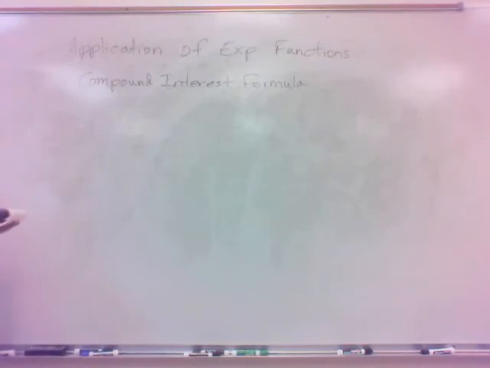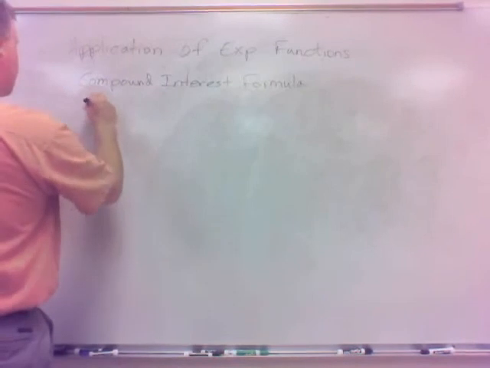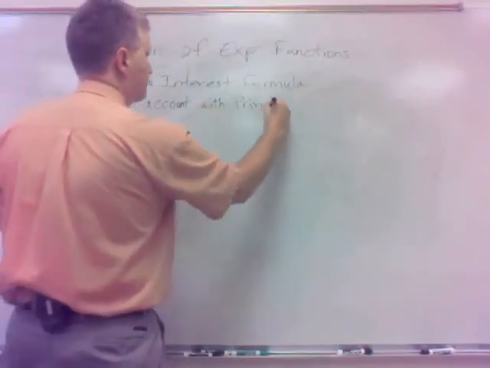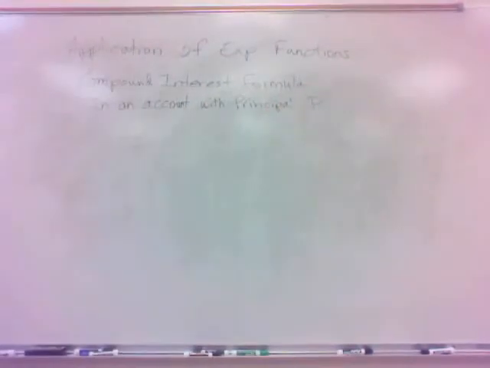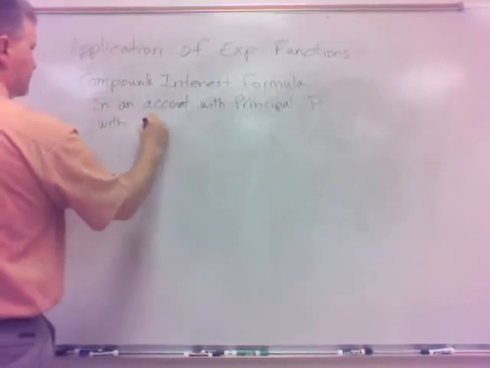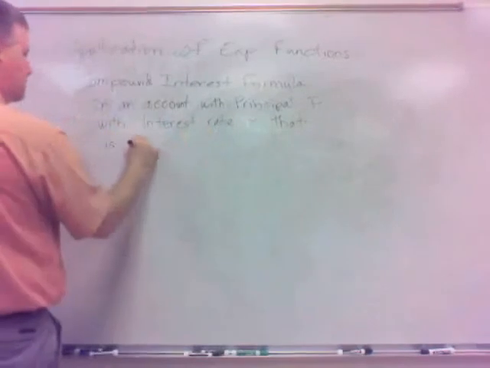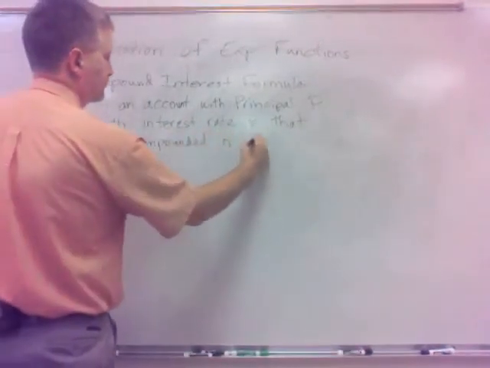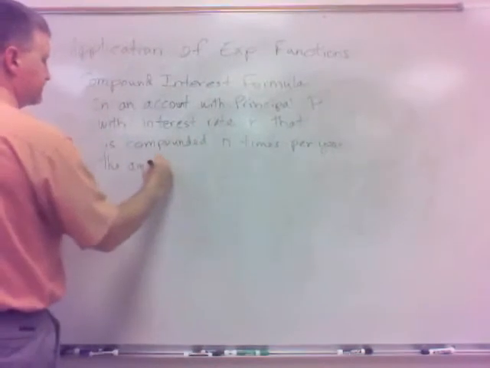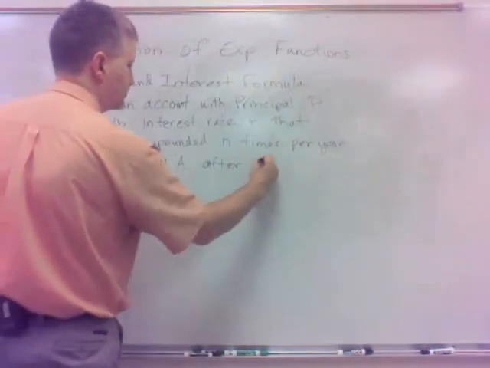So anyway, here's what the formula works out to be. If, in an account with principal P, that's just the amount you start with, with interest rate R that is compounded n times per year, the amount in the account after T years, the amount A is what we'll call it, is given by this formula.